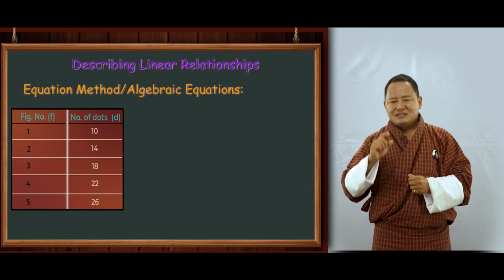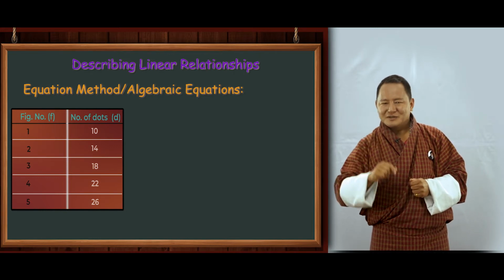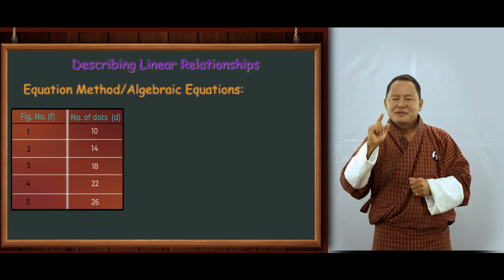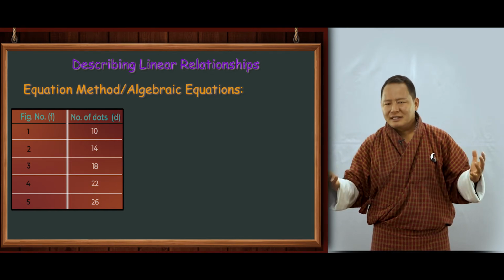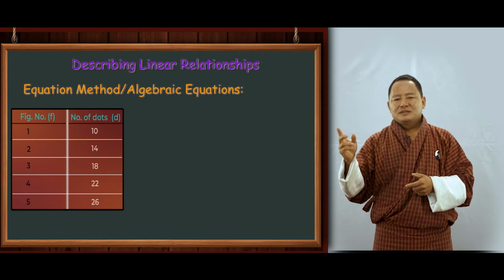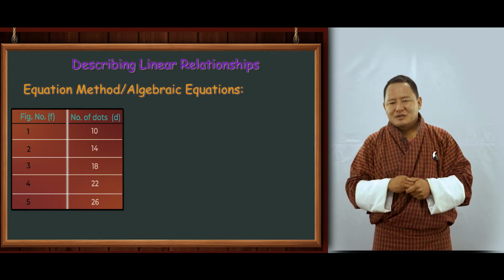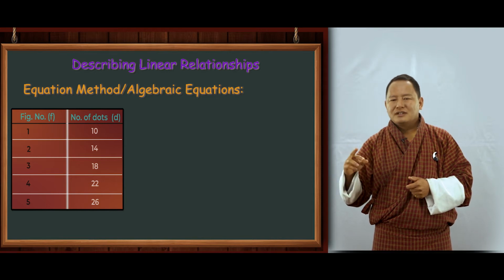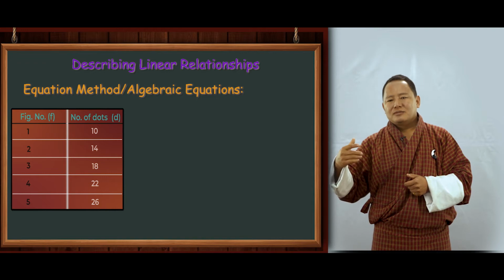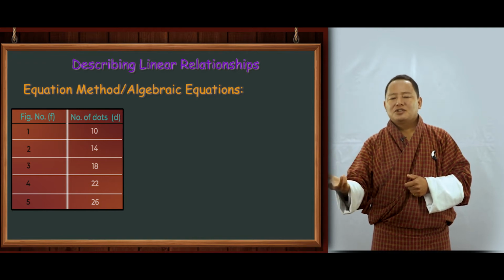But now you can see some things happening to this table. Observe properly and try to understand what is actually happening there. See, the difference between the number of dots in each figure is 4, which means the next number of dots is an addition of 4.